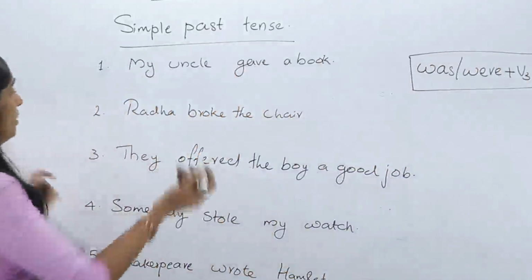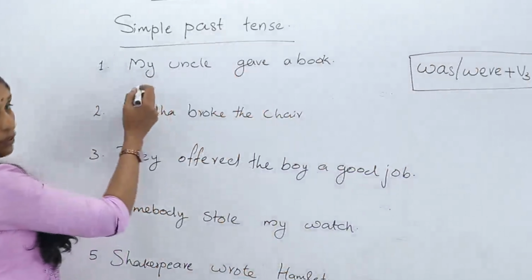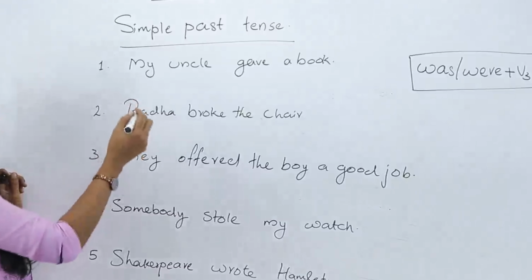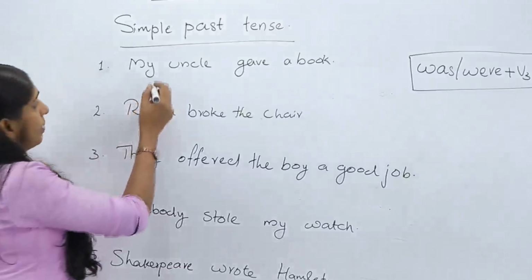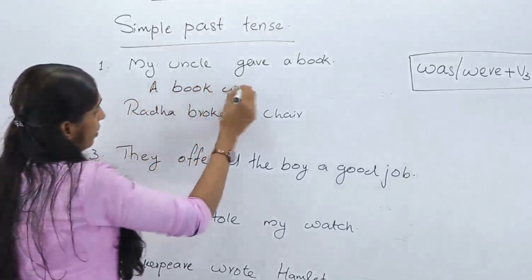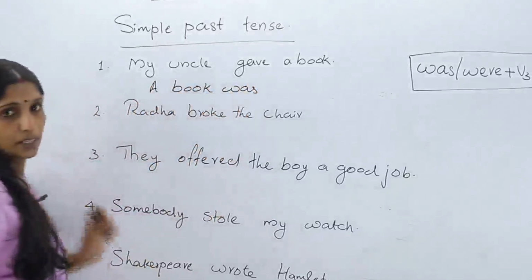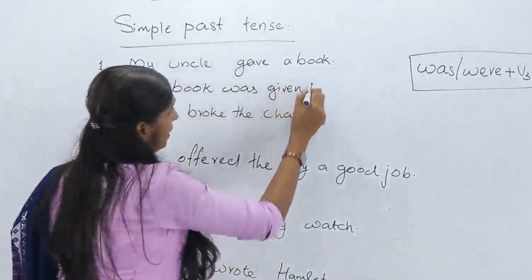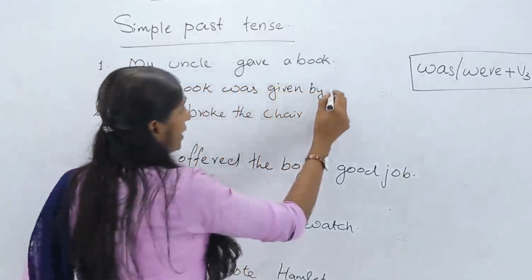Okay. My uncle gave a book. How do we write? Okay, one of you please stand up and read out the answer. Yes. A book was given by my uncle.